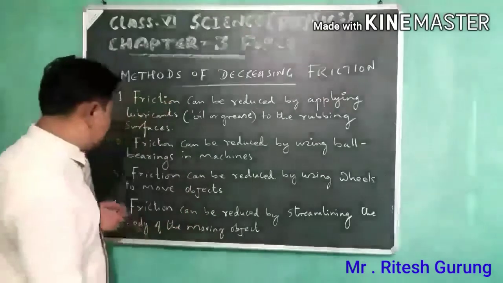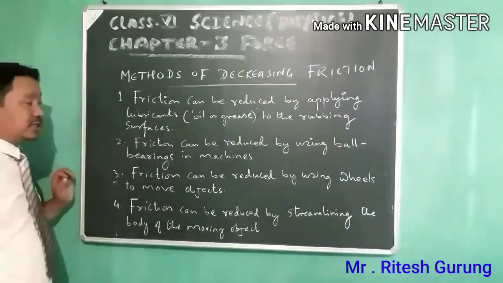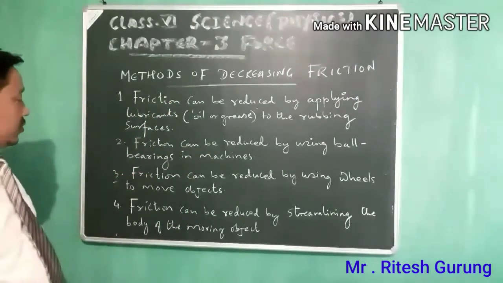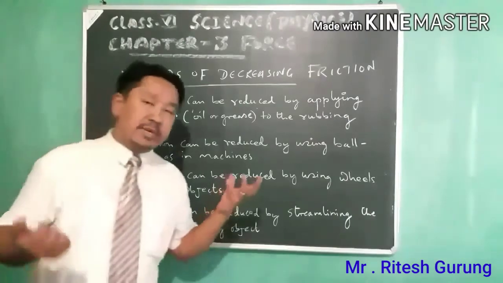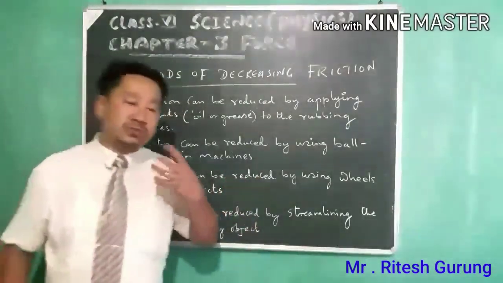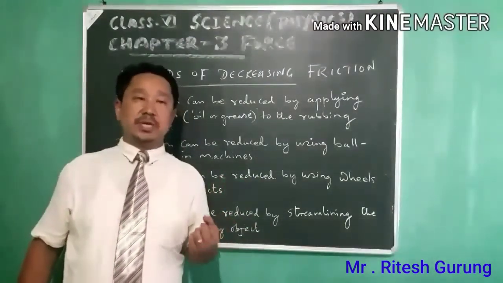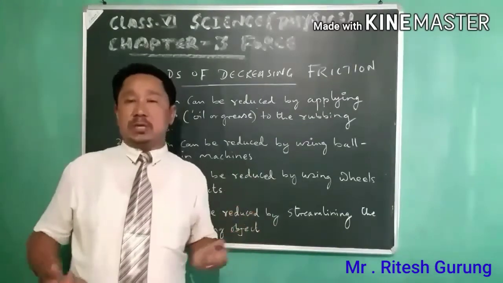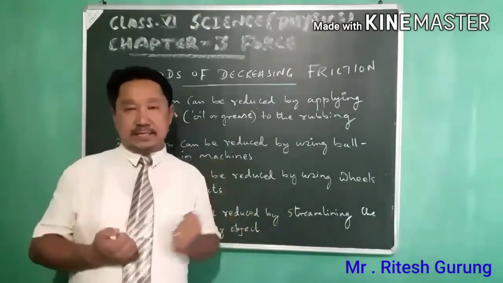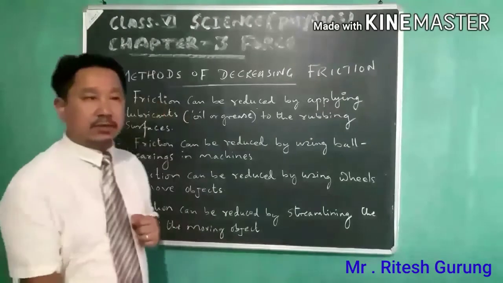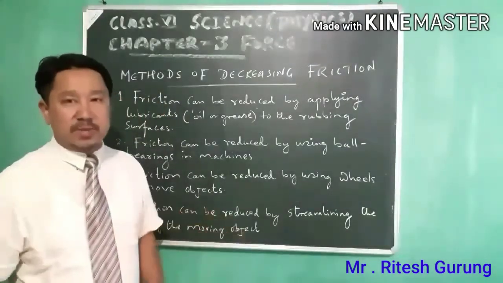All right, so the other one is that friction can be reduced by using wheels to move objects. There are many heavy objects, like a heavy suitcase. Some other heavy loads also cannot be carried easily. They cannot be easily dragged either because they are very heavy.